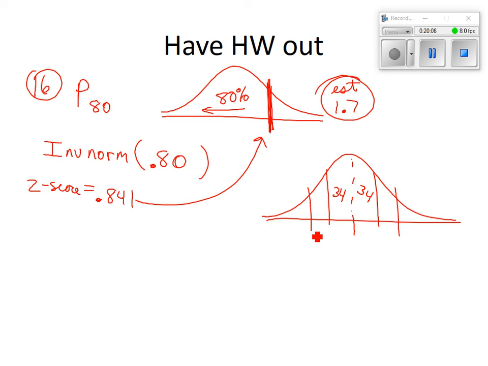Anybody remember about how much is in each one of the next ones? 15. 13. If you can remember that much, that's going to help you. If we wanted 80% this way, that's 68 plus 13, about 81. So it's going to be somewhere just short of that.